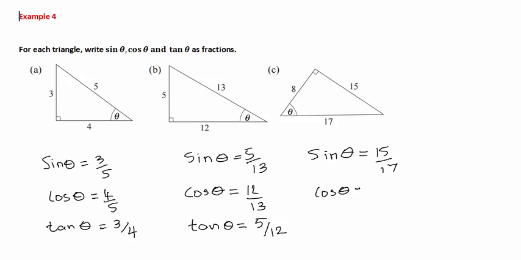Cos theta is adjacent on hypotenuse, 8 on 17. And tan theta, tan is opposite on adjacent, 15 on 8.